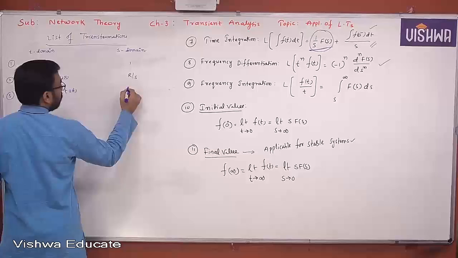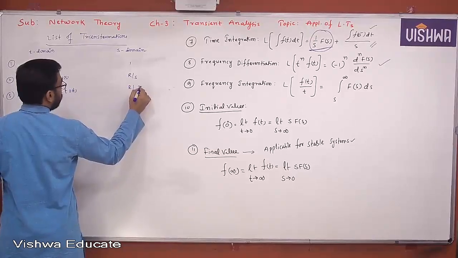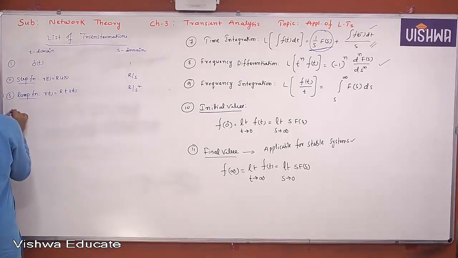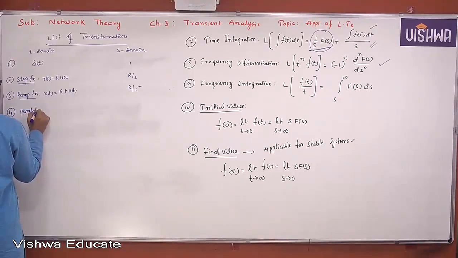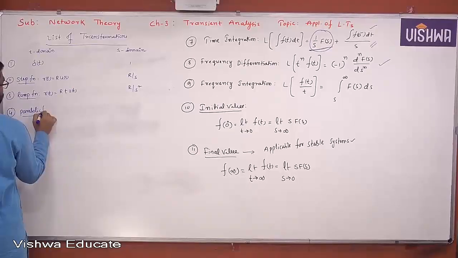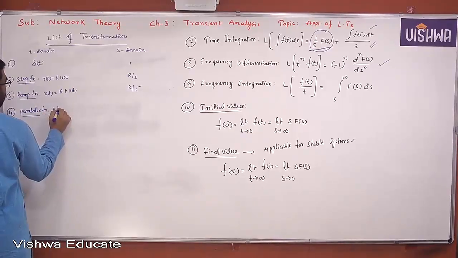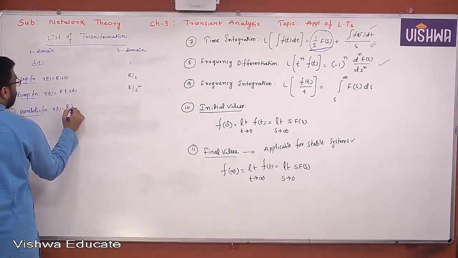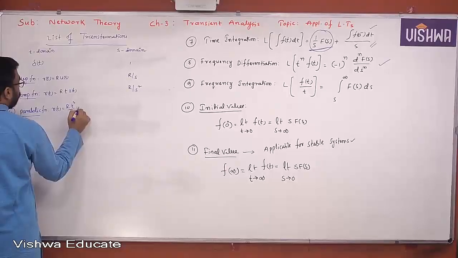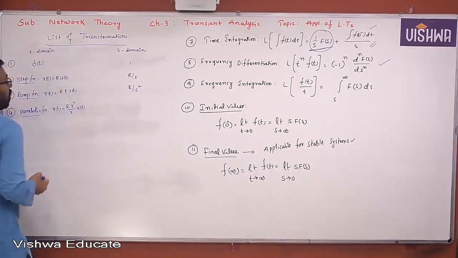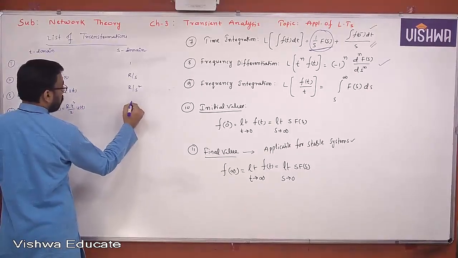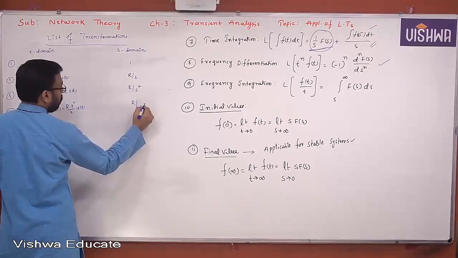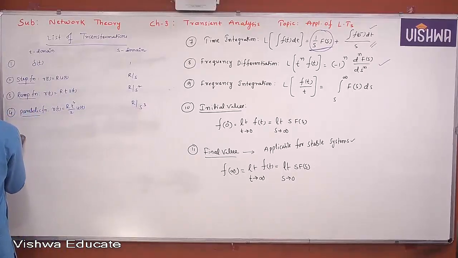Then what do you get? R by S square. Fourth one is parabolic function. r of t is equal to R t square by 2 U of t. Then what do you get here? R by S cube. Are all of you okay?